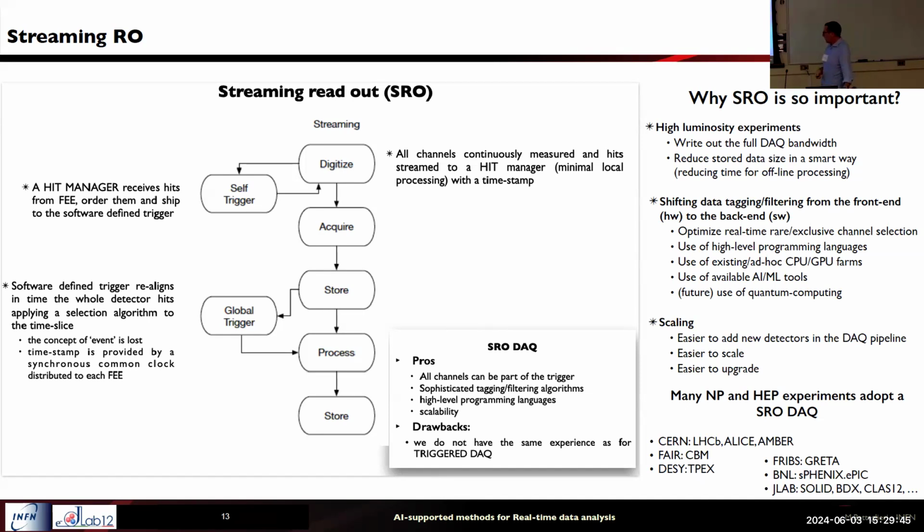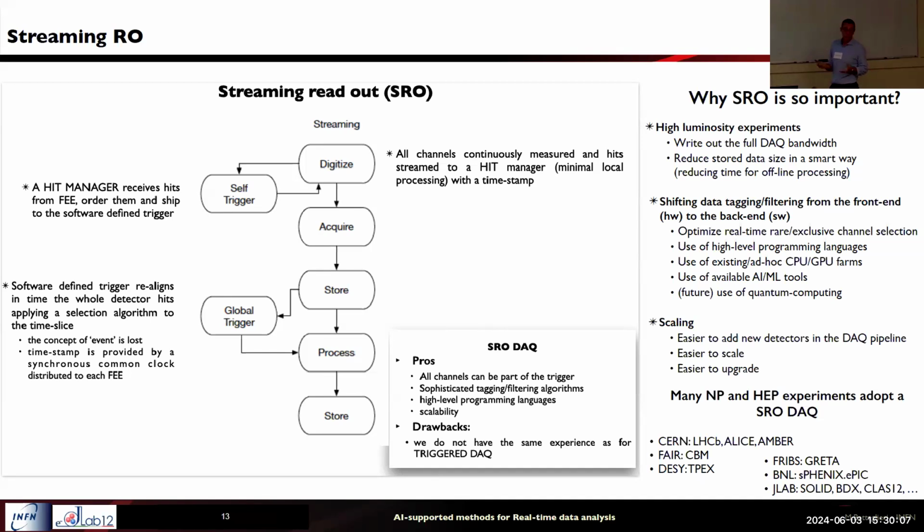And the same for other experiments, not only at CERN, but at FAIR, for instance CBM, DAISY, the two-photon exchange experiment, but also in the US, like FRIBs, CREDA is using it. And BNL sPHENIX just had a kind of hybrid model for the streaming readout that is partially streaming and partially triggered.